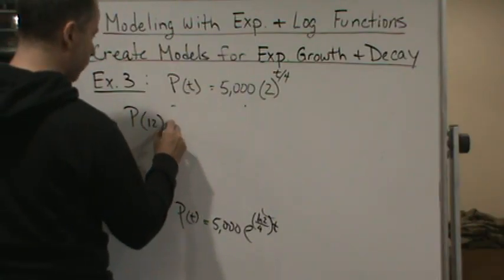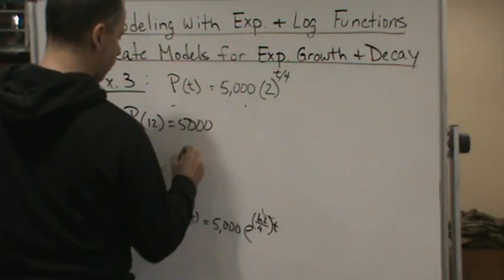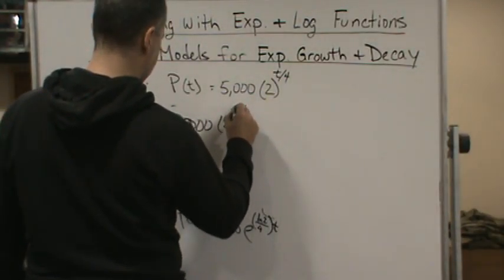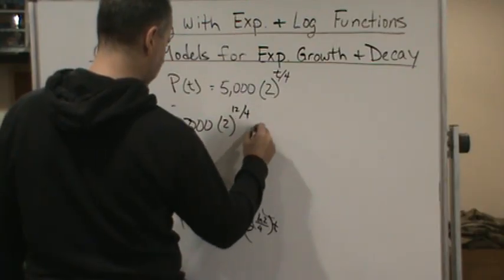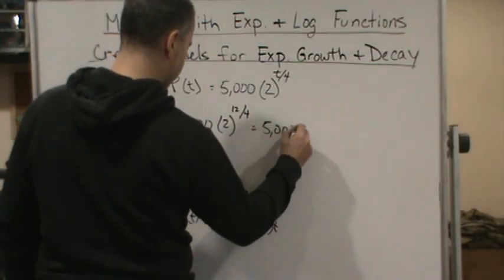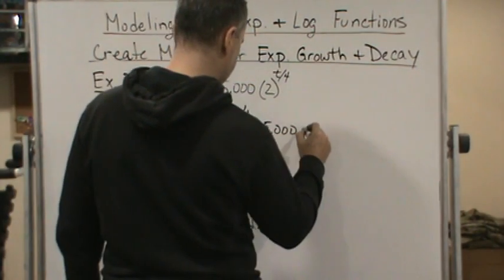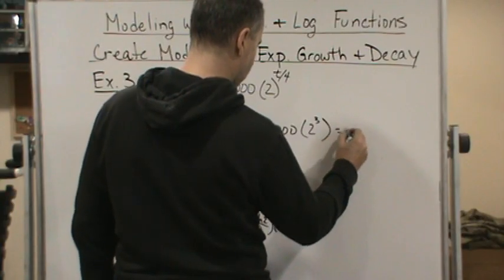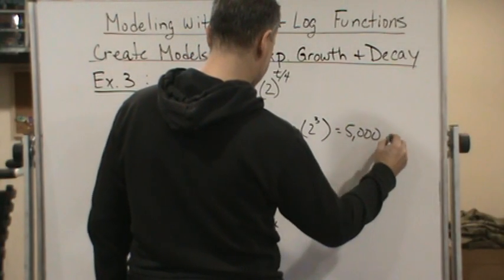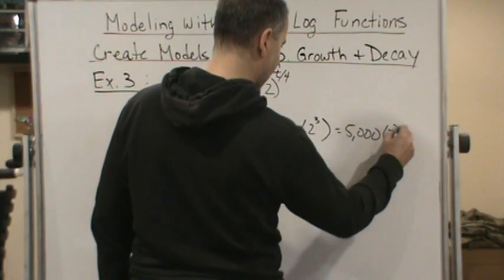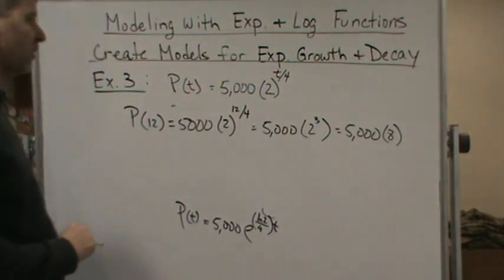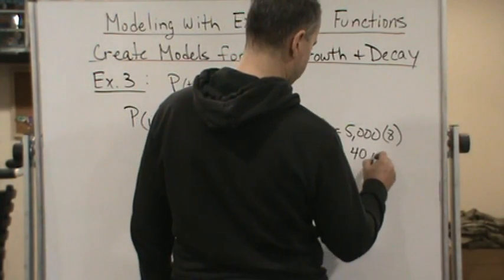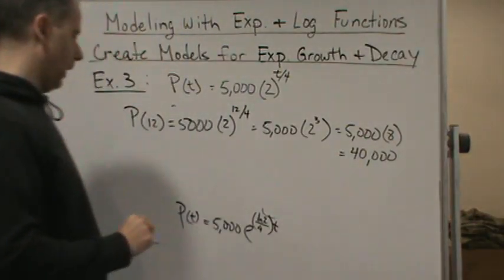So P of 12 equals 5,000 times 2 raised to the 12 divided by 4, which equals 5,000. So that's going to be times 2 raised to the 3rd power, which equals 5,000 times 8, which gives us 40,000 bacteria. Okay?